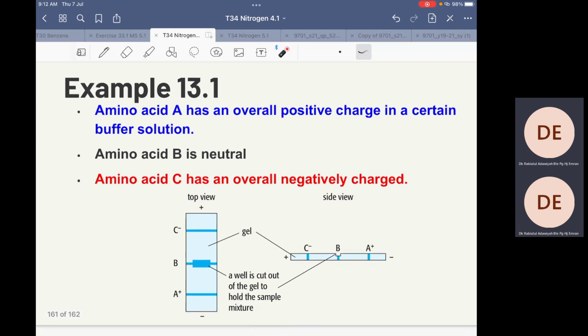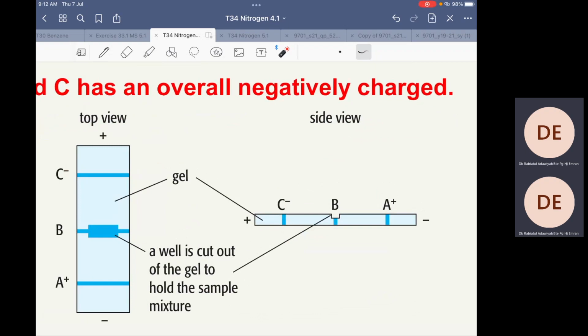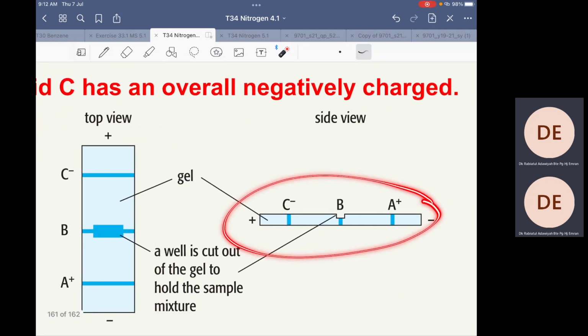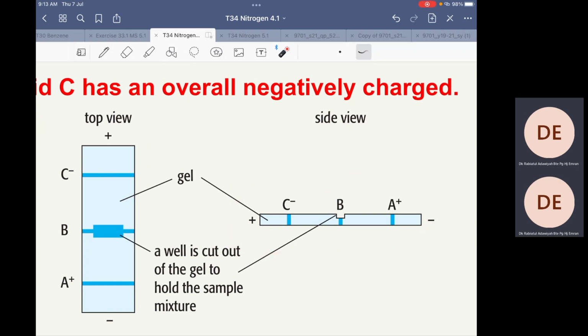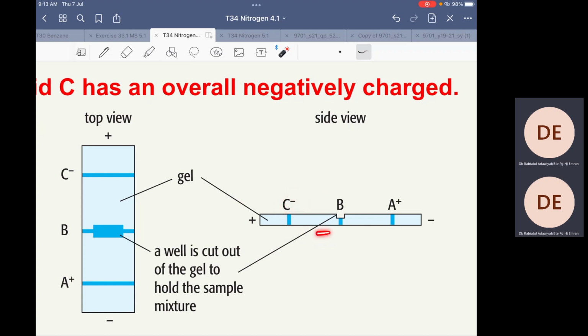Okay, and that is how we see it in the electrophoregram. This is an example of an electroferrogram. Side view will look like this. This is the positive terminal. You started at the center. That's your starting point for all 3 amino acids. You can see that amino acid B is neutral, so it does not move to either electrode. And then amino acid C, which is negatively charged, with a charge of -1, moves towards the positive terminal.